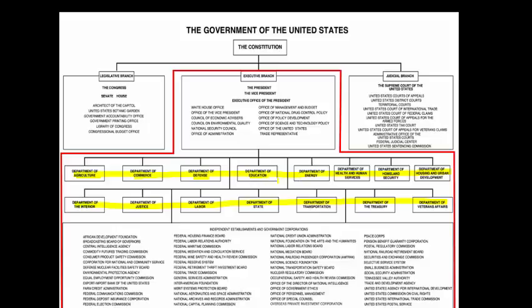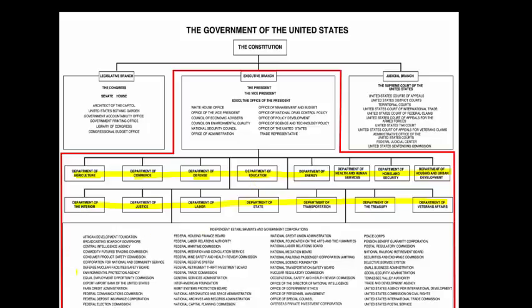What we'll do here in a few minutes is look at most of these cabinet level departments and look at their org charts and see how they're structured and talk about, most importantly, the agencies that do the bulk of the work for these departments.